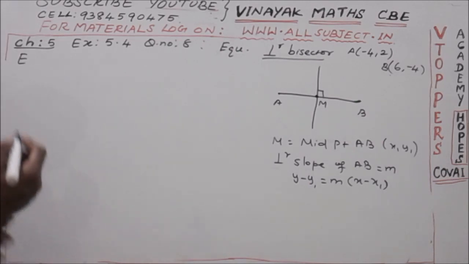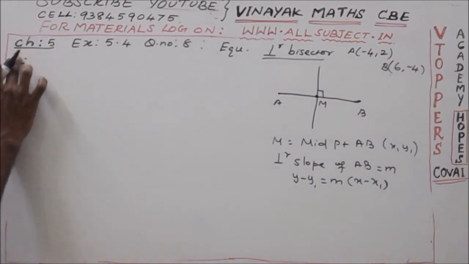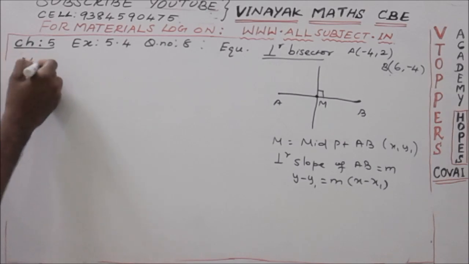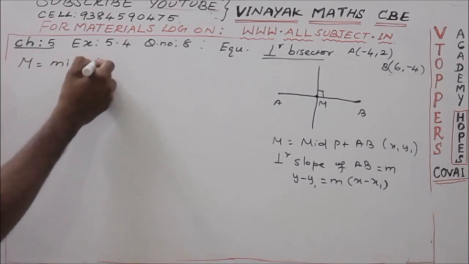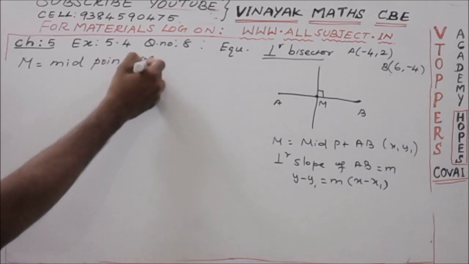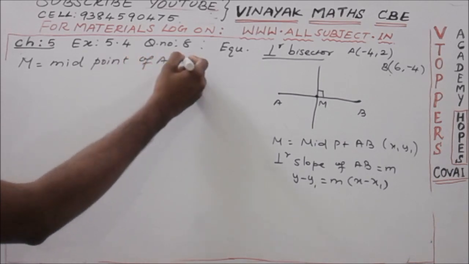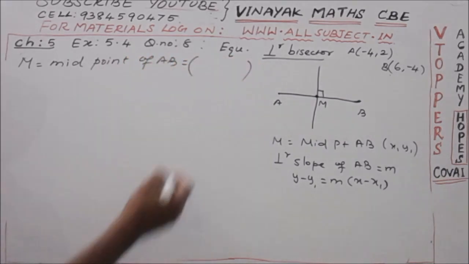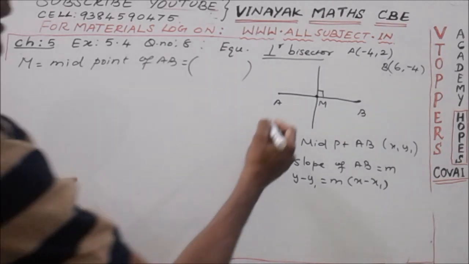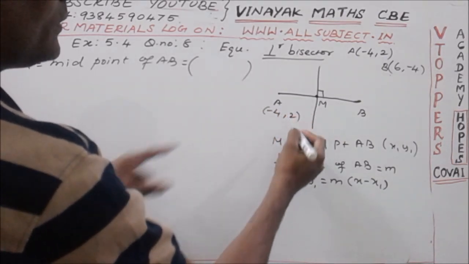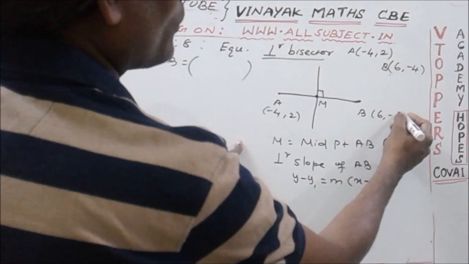So M equal to the midpoint of AB. Using the midpoint formula, A and B are given as minus 4 comma 2 and 6 comma minus 4. This is a rough diagram, not an exact one.